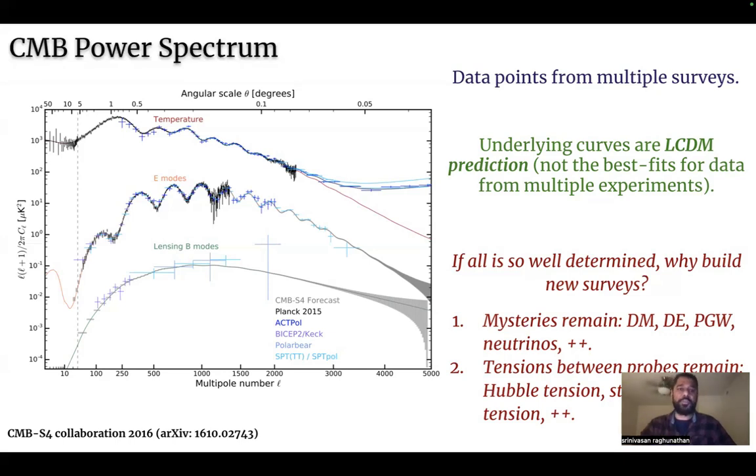We are yet to discover the primordial gravitational waves. We have limited knowledge about neutrino masses. So that's the first thing. The second thing is that different probes of cosmology actually give us different results for some of these parameters. So there are tensions that exist between different probes. And these are the reasons why we would like to build new surveys and measure these even more accurately.